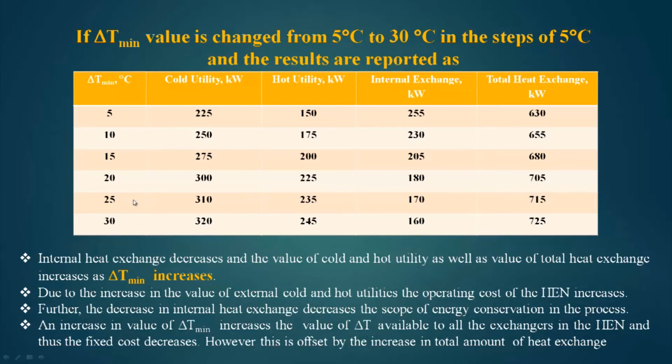That means, if delta T minimum is increased, then utility cost will increase, whether it is hot utility or cold utility, and internal heat exchange will decrease. This is not a good symptom, because I have to spend more on utilities cost, and the total heat exchange is also increasing.